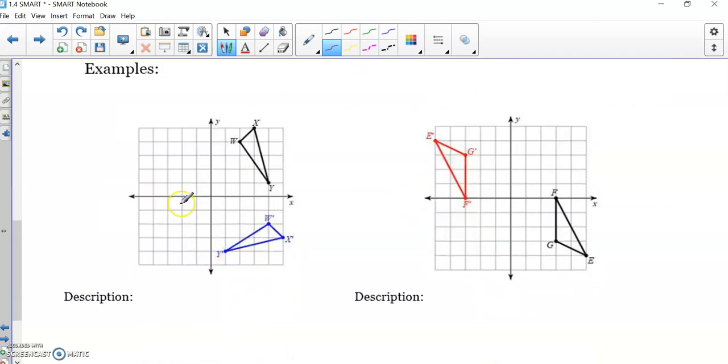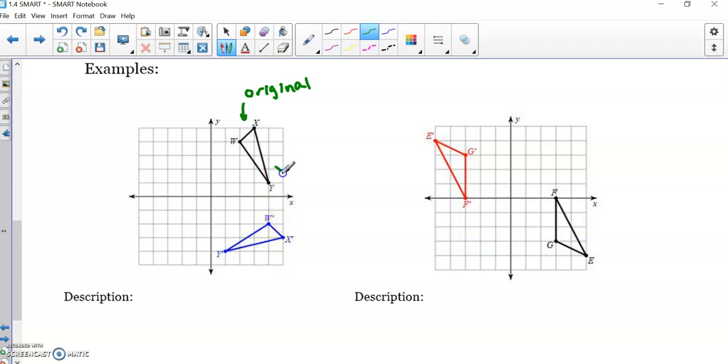So in example 1 here, we can identify the pre-image because the other one has prime notation. So that's how we know that's the new one. This is the original, and this is the new one. Now, we want to take the shortest path we can to get to that shape.